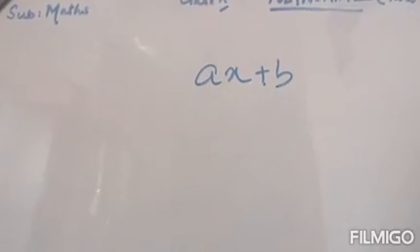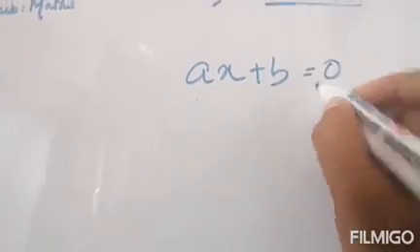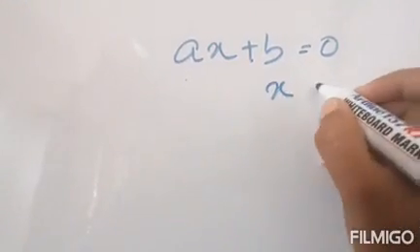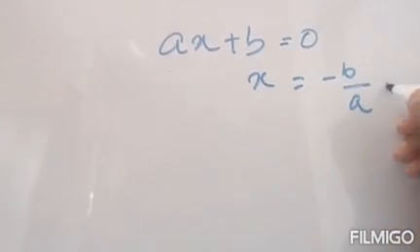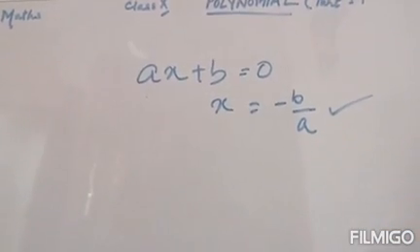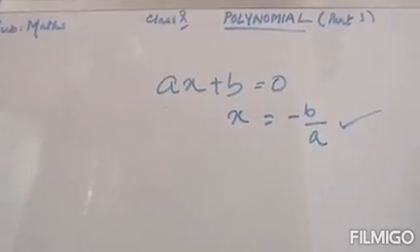Now to find the zero of the polynomial, what will I do? I'll equate it with 0, right? And after that, what will I get? I'll get the value of x, that will be minus b by a. Now how to represent the zeros of polynomial geometrically?